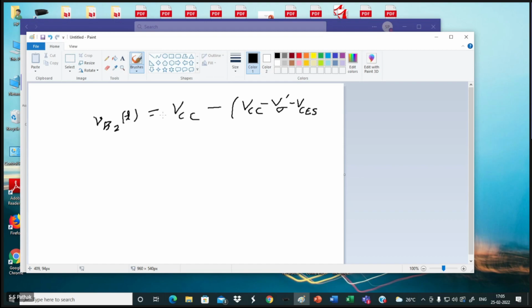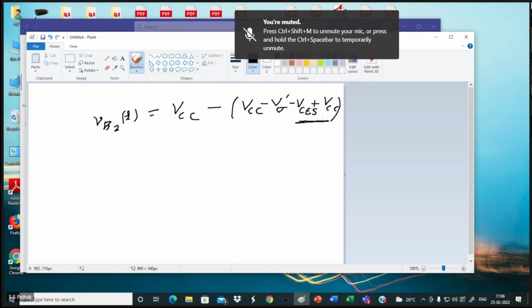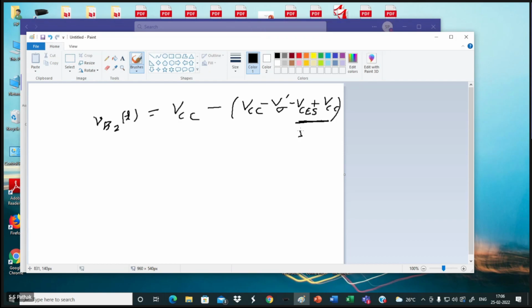Let me use one more. Okay, I can put here VCES. What is this? VCC minus VCES, okay, is equivalent to I1RC.